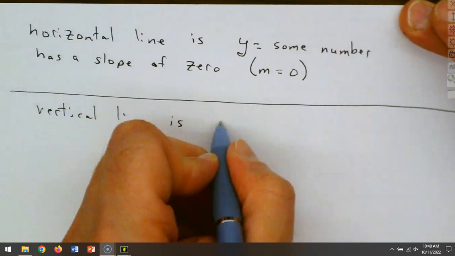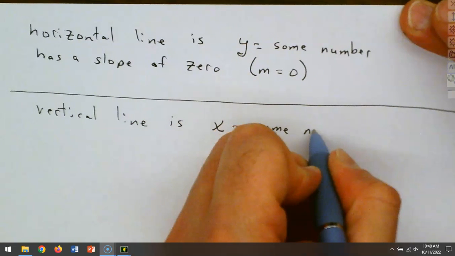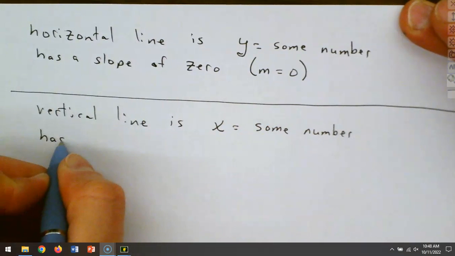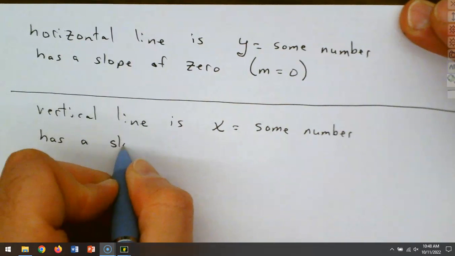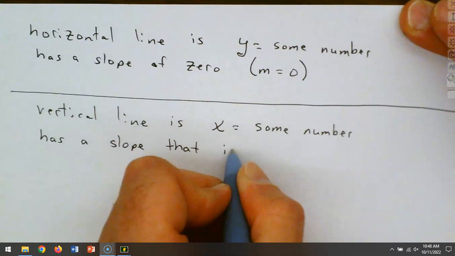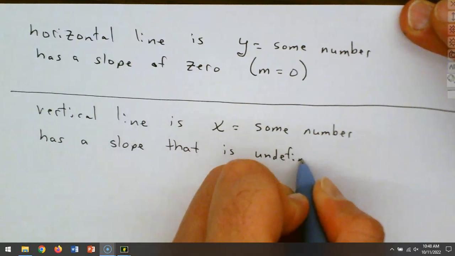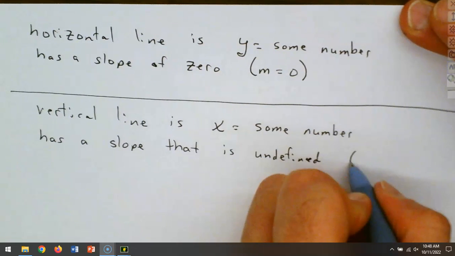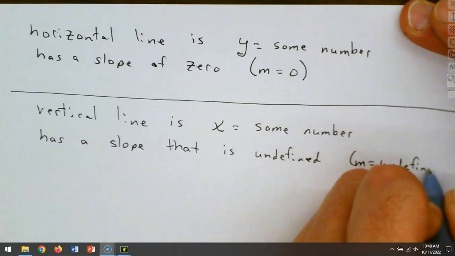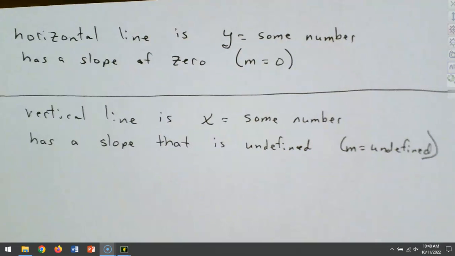So a vertical line is going to be x equals some number, and it has a slope that is undefined. So m equals undefined.